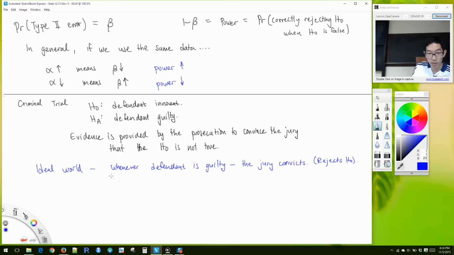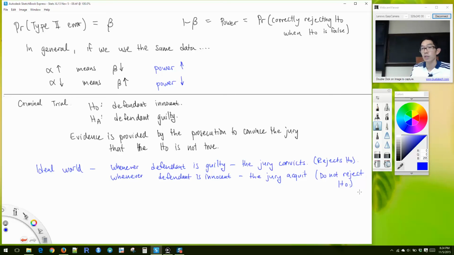And in the ideal world, whenever the defendant is innocent, the jury would what? Acquit. Is that spelled right? Basically, does not reject the null hypothesis.